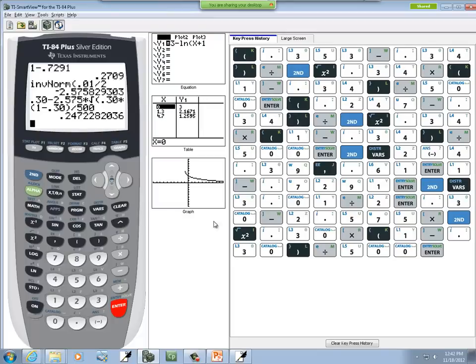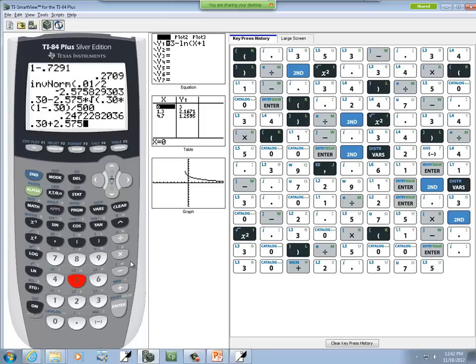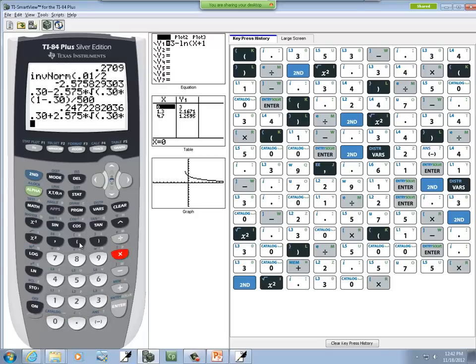Okay, so let's see what this gives us. 0.30 plus 2.575 times square root, so second x squared, 0.30 times beginning parentheses 1 minus 0.30 closing parentheses divided by 500.